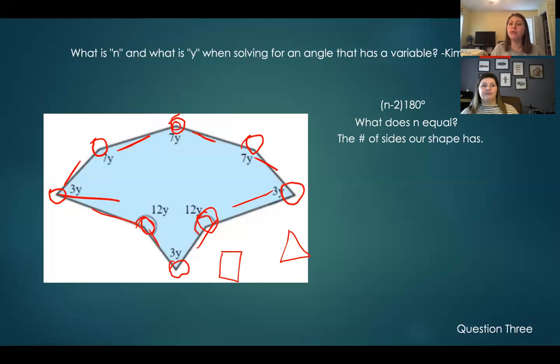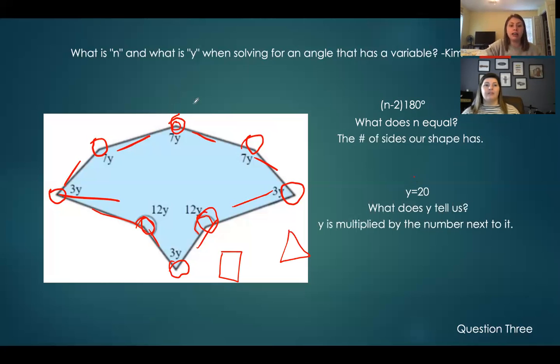It's just the number of sides your shape has, and then you're going to put it into that equation. So let's say that we did 9 minus 2 times 180. Then we're going to divide and solve for y. Once we get y, we know that y would be 20. But what does y represent? What does y even tell us? So we know that y, as you can see here, y would be the number.